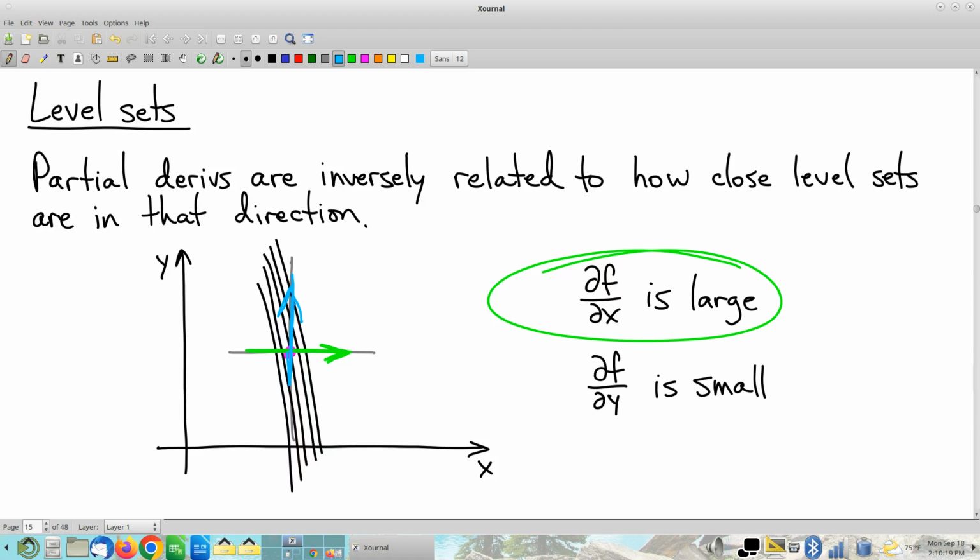That looks much more reasonable to me. That'll be a much gentler hike. It's longer. It'll take me a much greater distance to get up the same 200 feet, but therefore it's not as steep, therefore not as much slope, therefore the partial is smaller. Does that make sense?